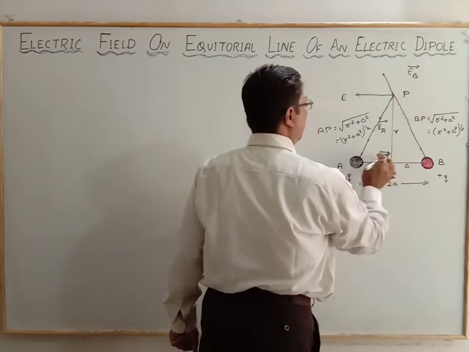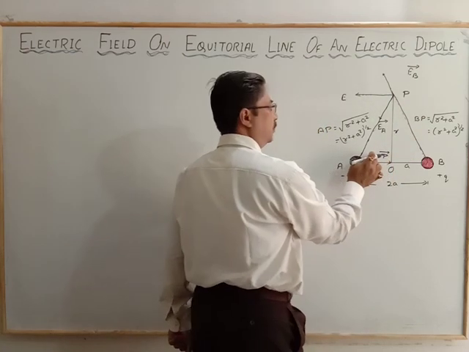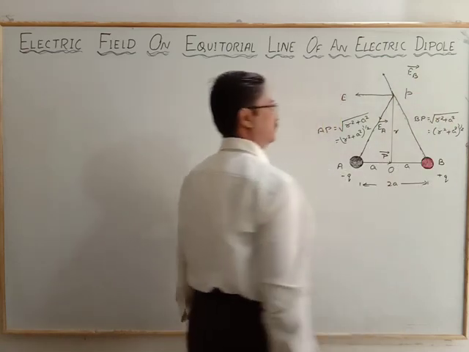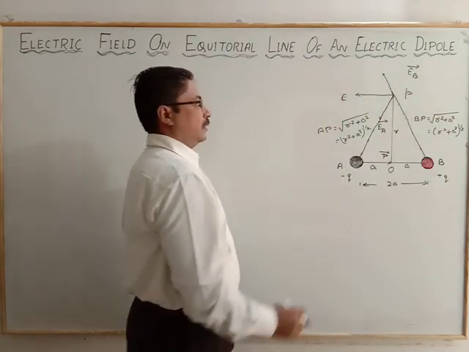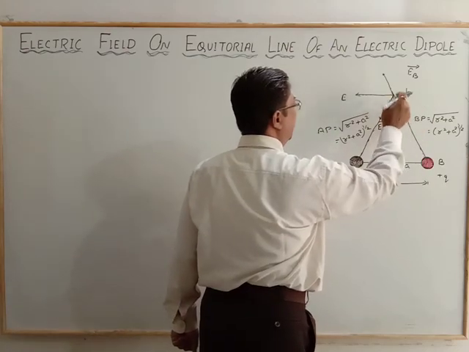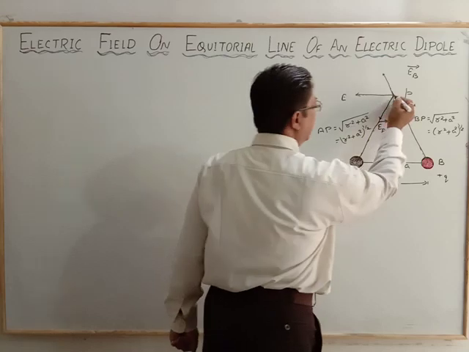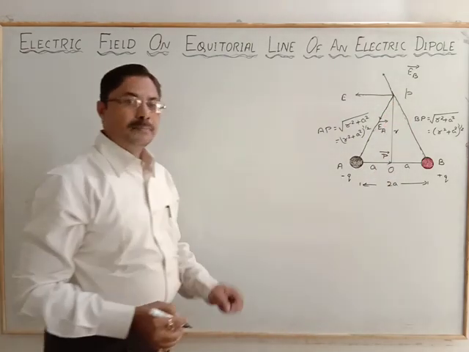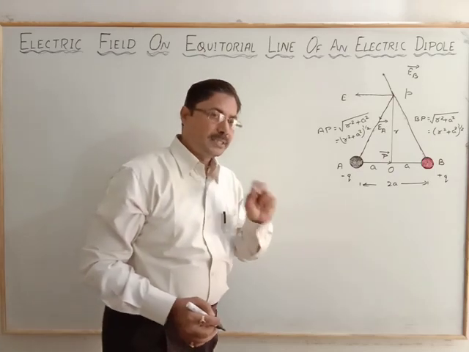Let the dipole moment be the P vector, and the point P is written as a small p. This is the arrangement, and we have to calculate the electric field at the point P. For that, some relations we must know.